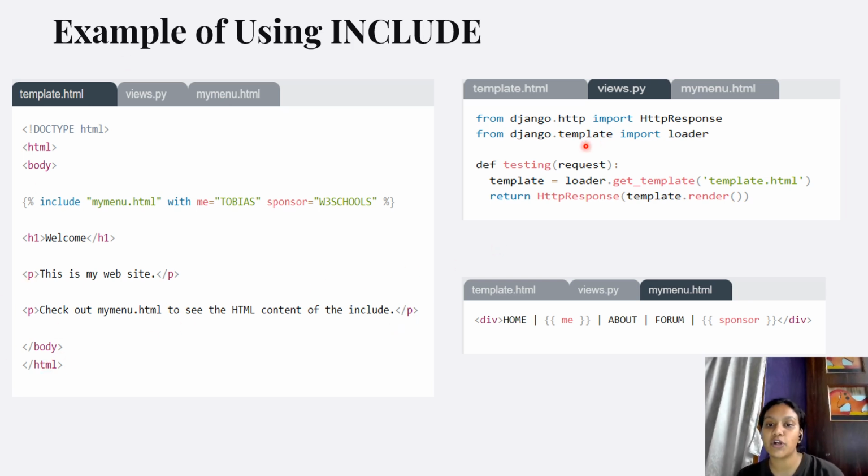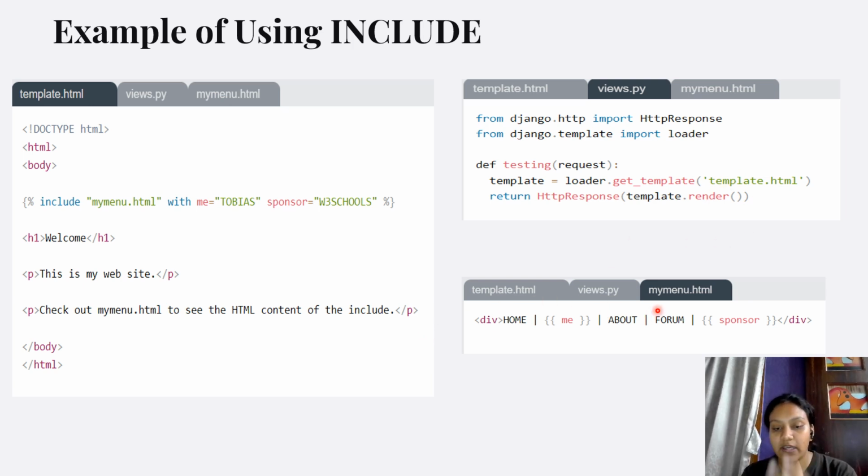Now for the views.py, where we are going to define the web page: from django.http import HttpResponse, from django.template import loader. Define testing: def testing(request), template is equal to loader.get_template, where template.html, return HttpResponse template.render.